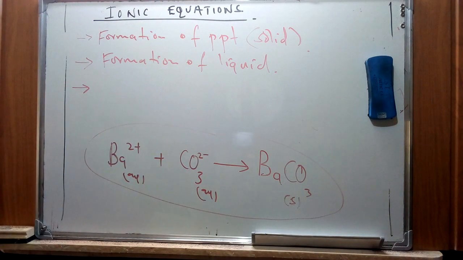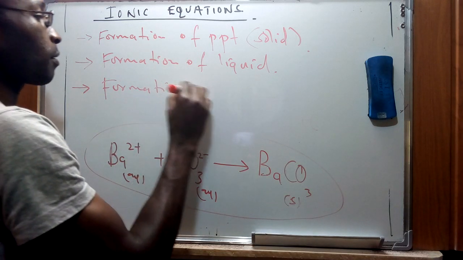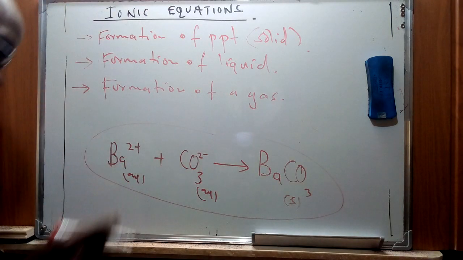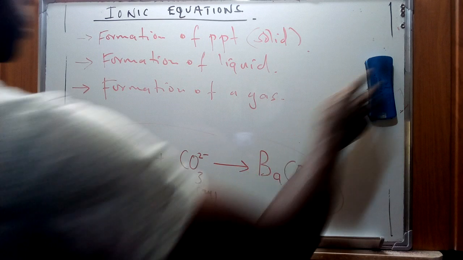And the last one is a possibility of formation of a gas. We're going to see, by using an example of either of those specific equations that we've mentioned for the three possibilities, how this works. Now let's look at another way in which we can represent ionic equations.